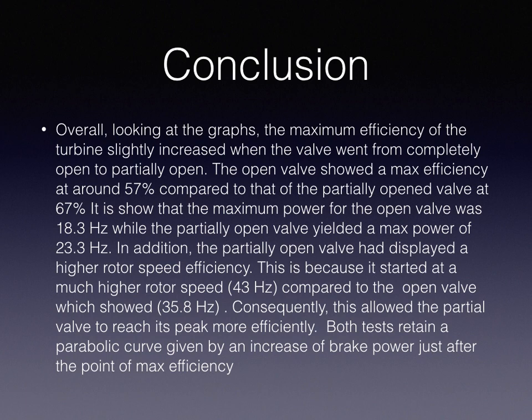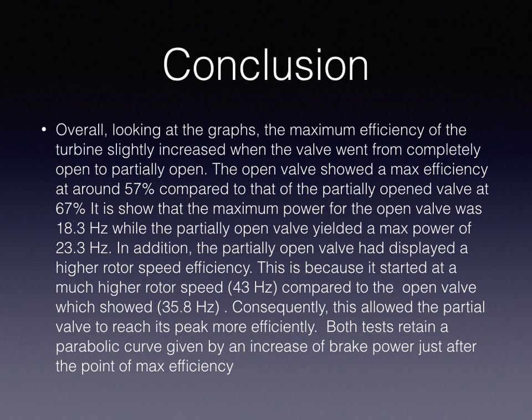To conclude, both sets of data showed a trend of what we would expect when comparing the open valve versus the partially open valve for the Pelton turbine. These tests both retained a parabolic curve given by an increased tension, also known as brake power, just after the maximum point of efficiency. Looking at these graphs, it is shown that the maximum efficiency has slightly increased when the valve was partially open.